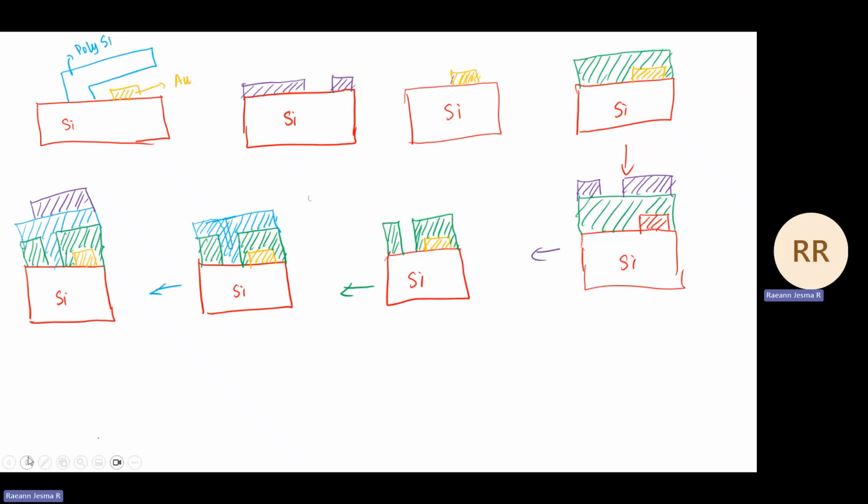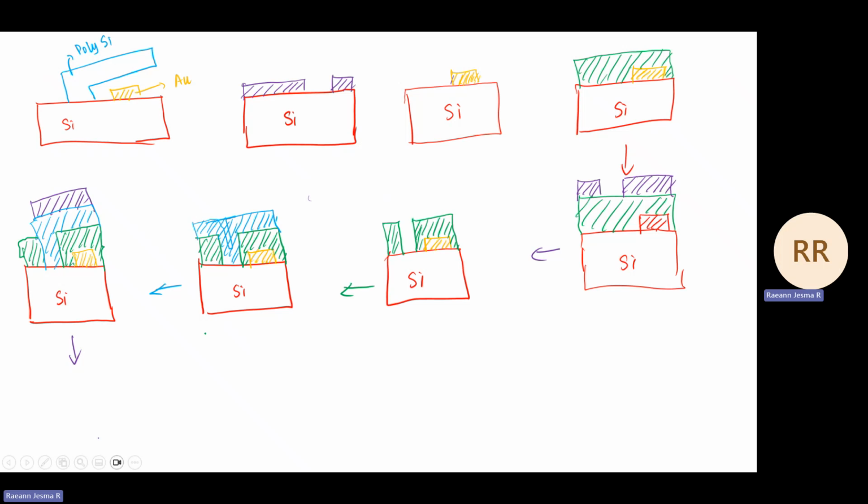So after etching, this region will remain, and your sacrificial layer also will remain.